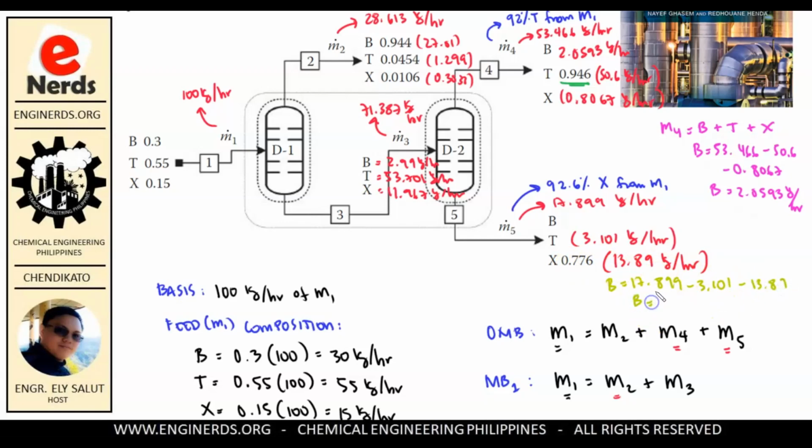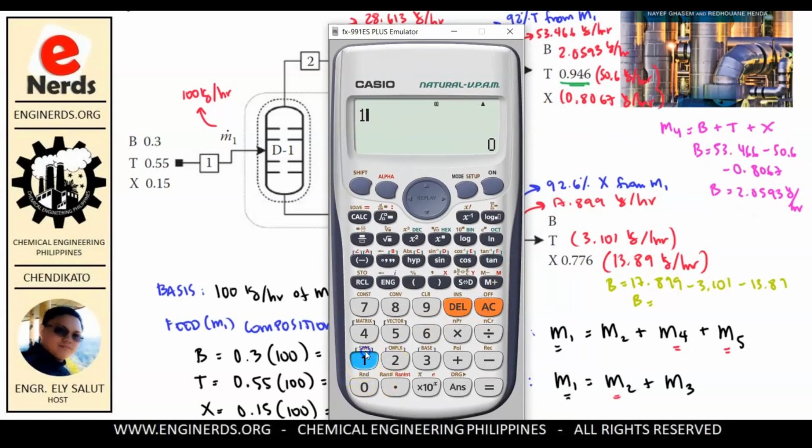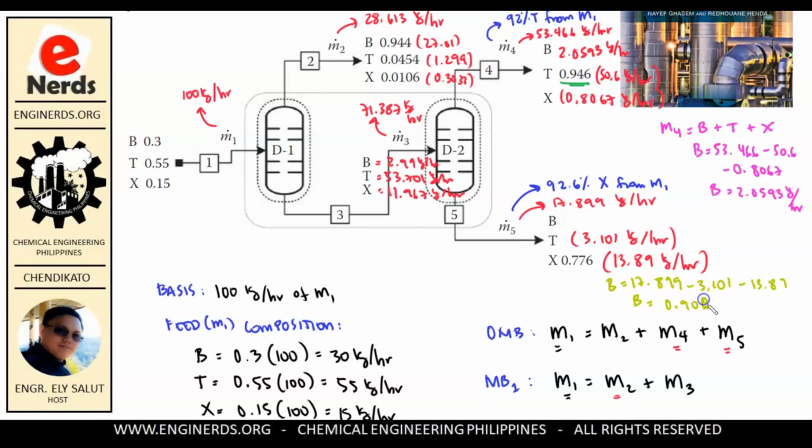So our benzene in our M5 will be equal to 17.899 minus 3.101 and minus 13.89. Okay, so this is equal to 0.908. So we have 0.908 kilogram per R.